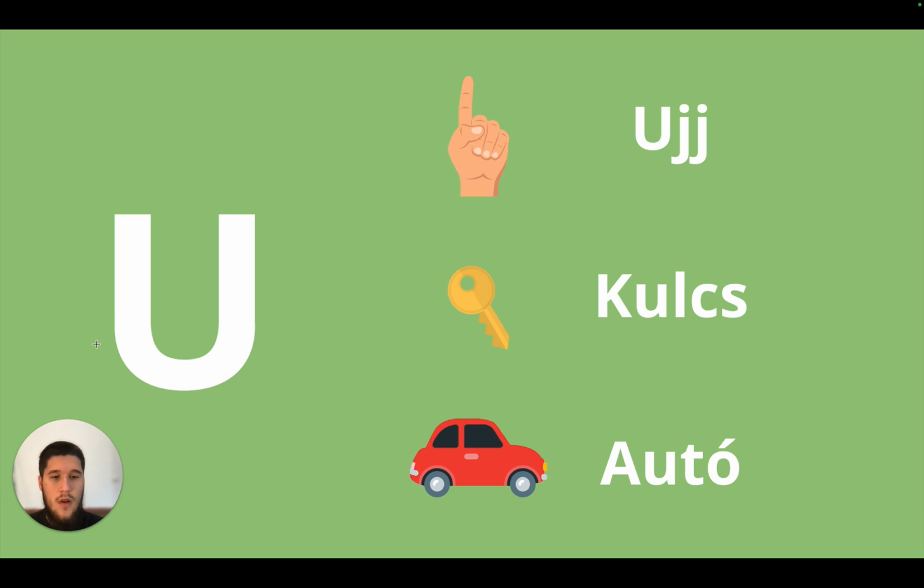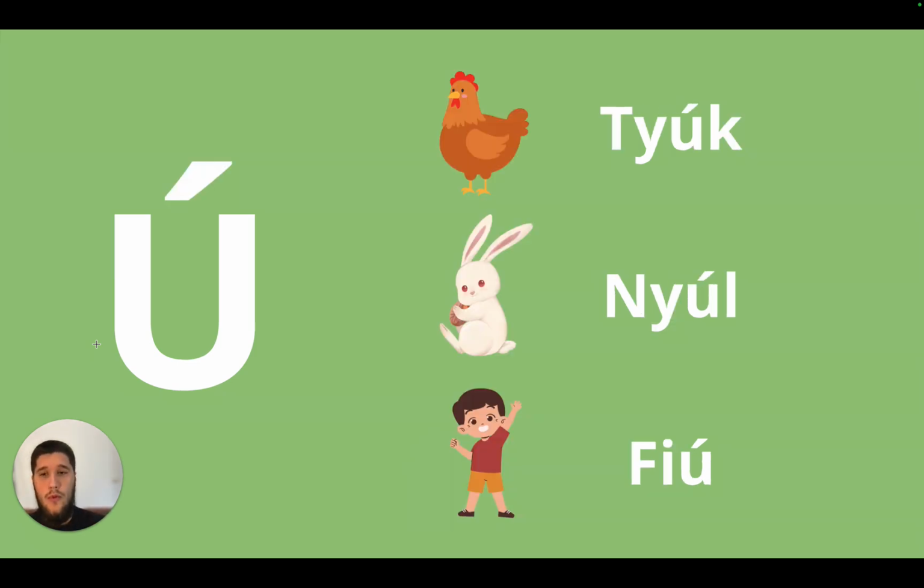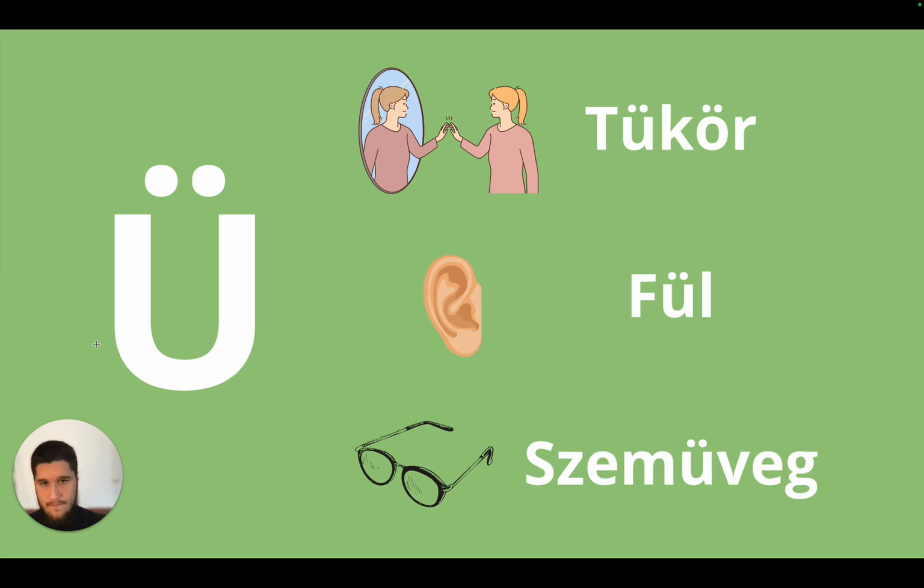Autó. Again, bunch of U letters, but in reality, again, different sounds of the letter, okay? Just look similar. Tyúk. Nyúl. Fiú. Third U, which is Ü.